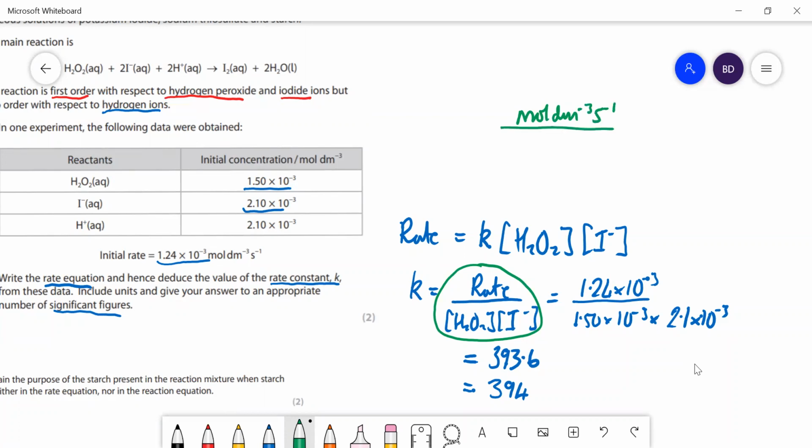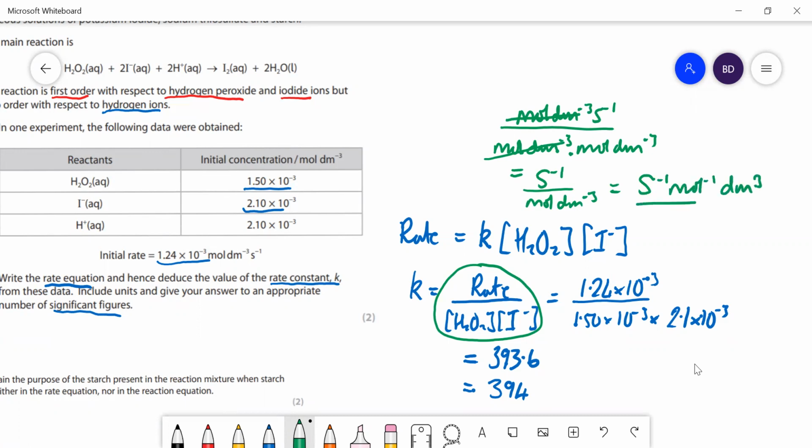The units of hydrogen peroxide concentration and iodide concentration are both moles per decimeter cubed, so we're going to cancel that out. So we get seconds to the minus 1 over mole dm to the minus 3, second to the minus 1, mole to the minus 1, dm to the plus 3. They are the units.